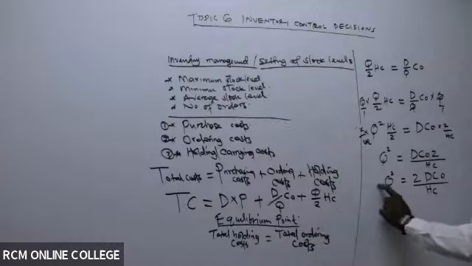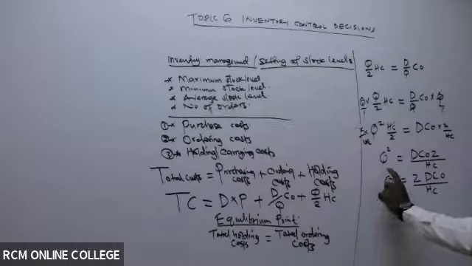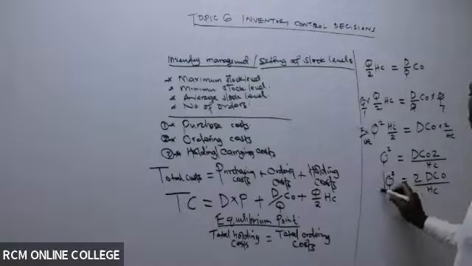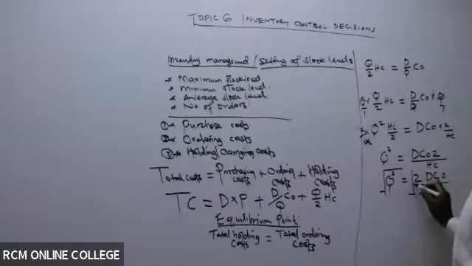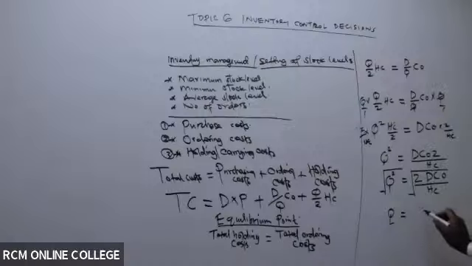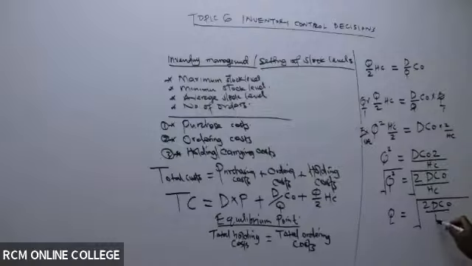So how do we get Q? We will do that by getting the square root of these numbers on both sides. The square root of a number squared will be that number. So our Q is equal to the root of 2 times demand times ordering cost divided by holding cost.